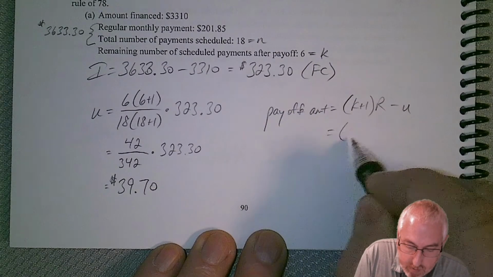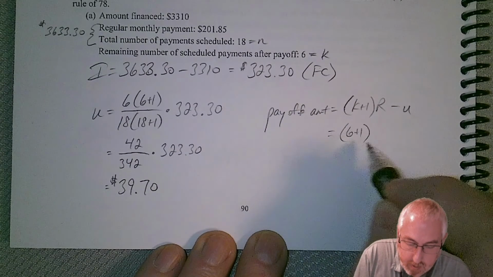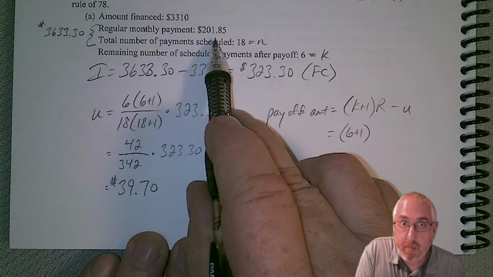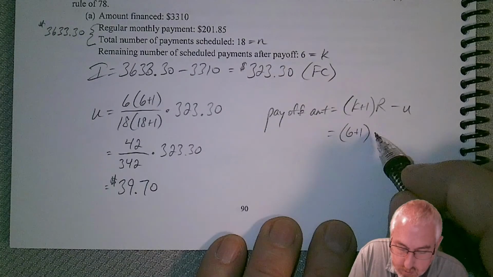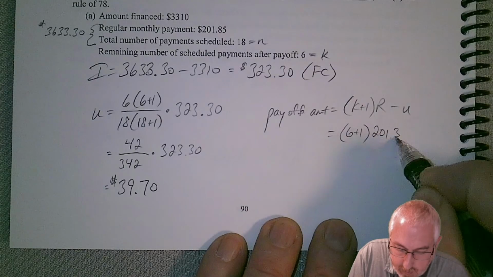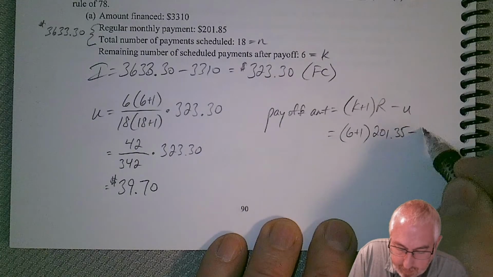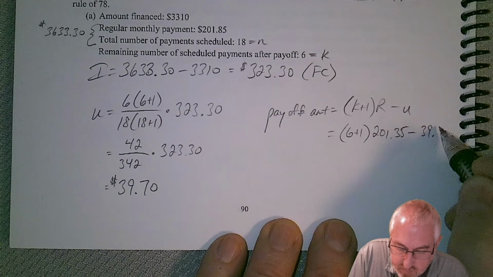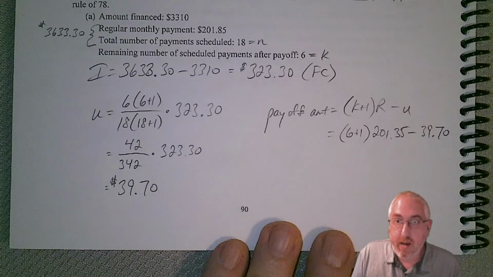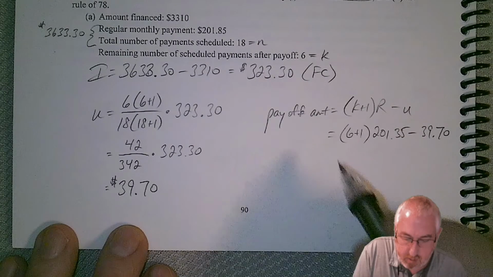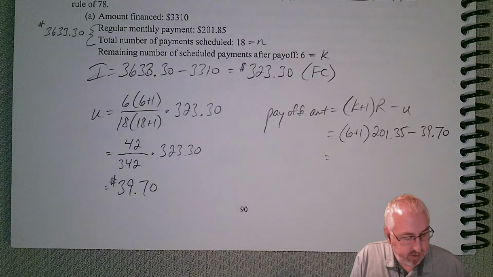So we got 6 plus 1 times R, which was the regular monthly payment, $201.35, and then minus the U that we just found, $39.70.